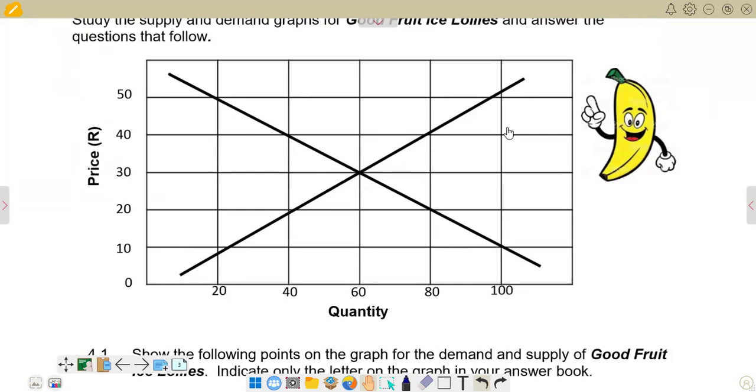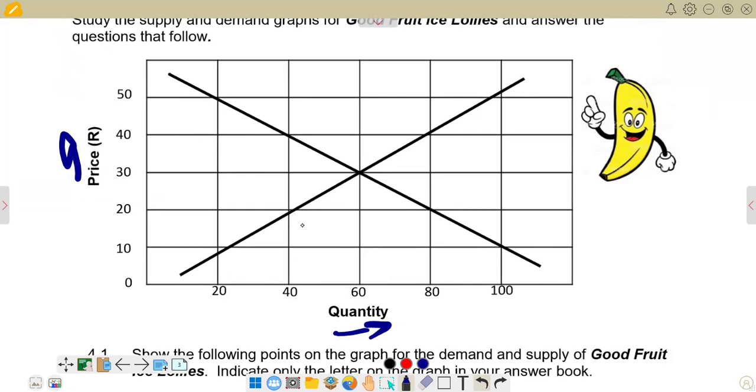The supply curve shows the relationship between price and quantity. Whenever we construct a supply curve, it should show a positive slope. That's one of its main characteristics. Positive slope means that when the price increases, we also see an increase in quantity.